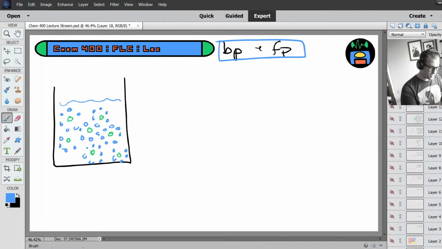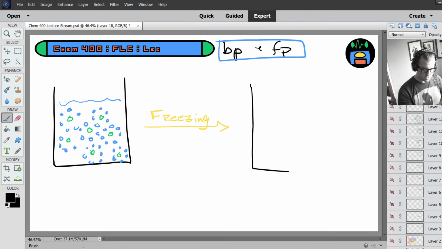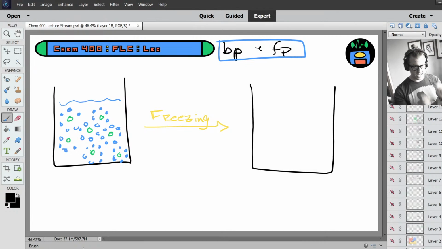All right, the solvent molecules are cramming in as much as they possibly can. When you freeze a solution, it doesn't freeze with each solute surrounded by a solvent molecule.